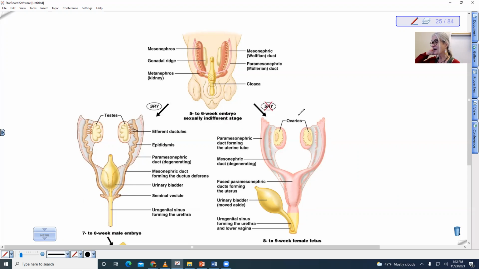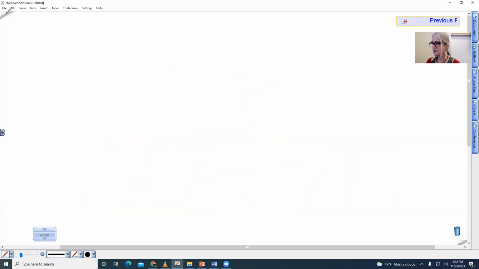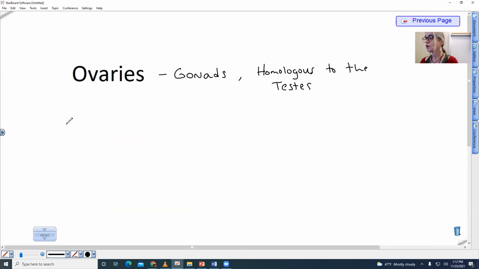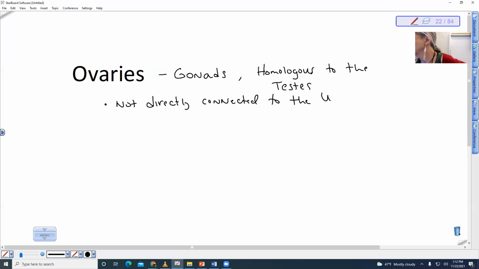And so that is actually an example of an ectopic pregnancy. So the ovaries are not directly connected to the uterine tubes. So we'll write that down.